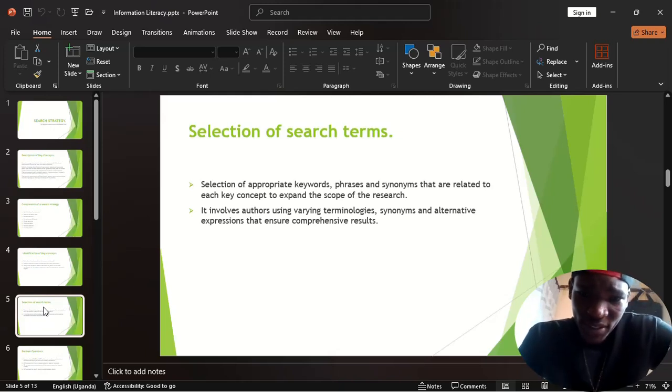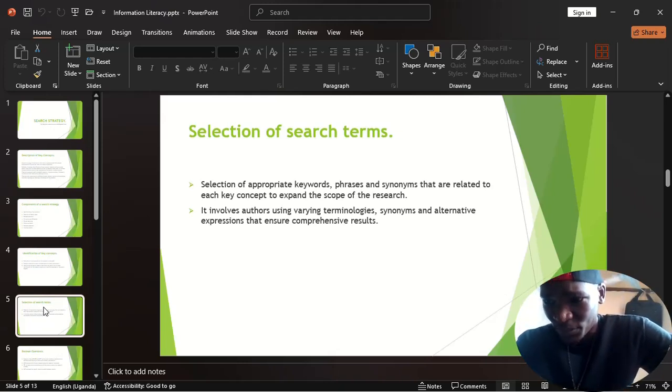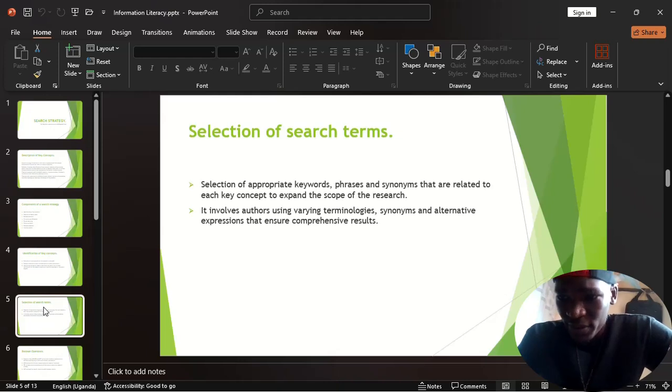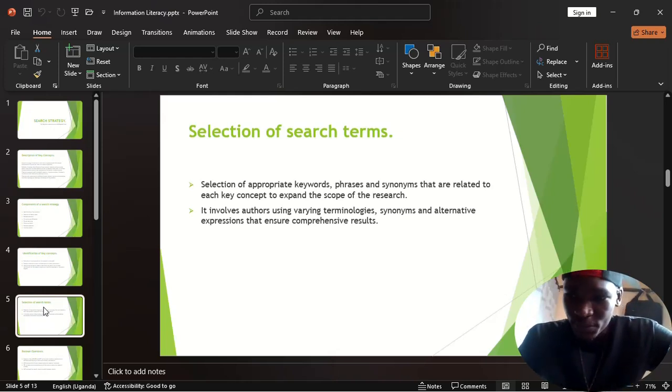In the selection of the search terms, I'll take an example: maybe you're given the concept of climate change. The synonyms or search terms related to climate change can be global warming or environmental change.